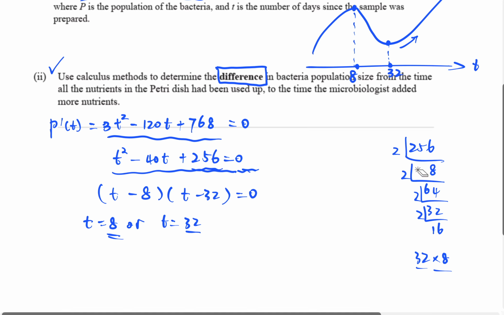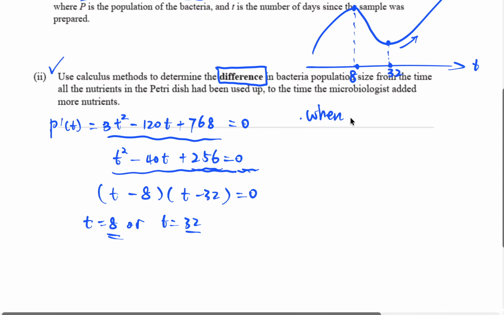Let me erase my notes here. I don't need to justify this, because this question is not about the justification for our local turning points. I just need to figure out the difference. So look at the graph. I need to find the p value when t equals 8.